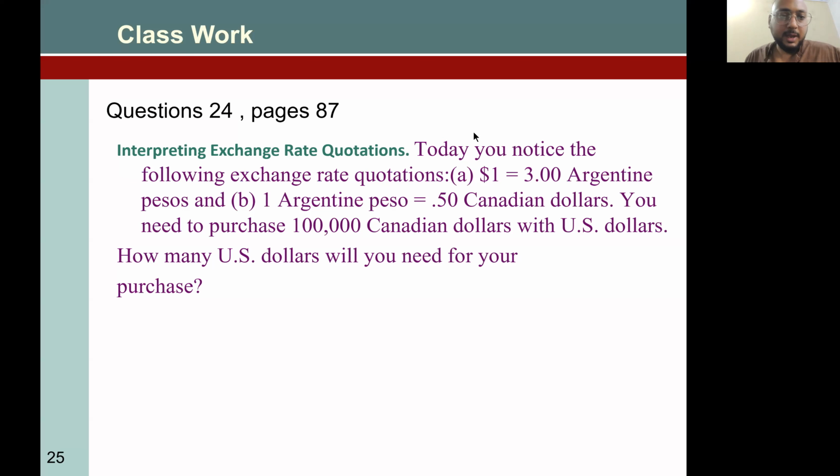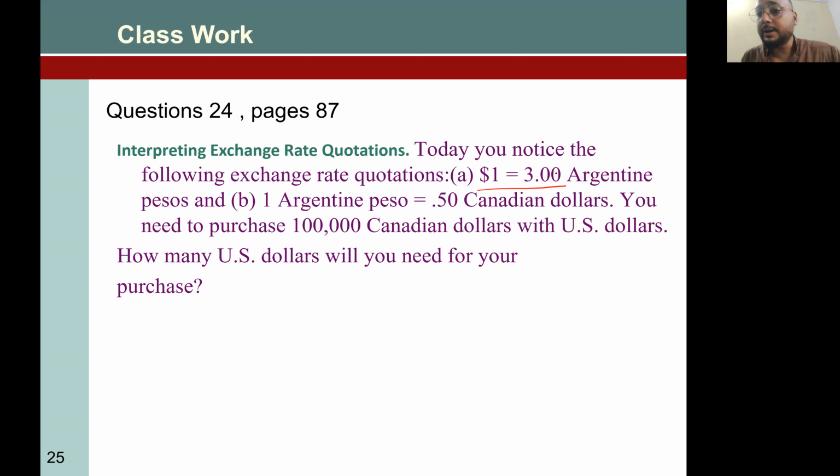Okay, class, welcome back after another breakout room activity. So we were discussing this class activity here. Let's discuss the solution. Today you notice the following exchange rate quotation: $1 is equal to 3 Argentine pesos.